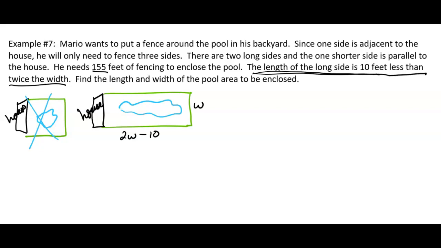You could say 2 lengths, so twice the length, plus 1 width has to equal 155. So he needs 155 feet of fencing, and he's going to have to go 2 of the long ones and then 1 of the shorter ones. Now, what do we know? Well, we know the length, I made another equation there, is twice the width minus 10.